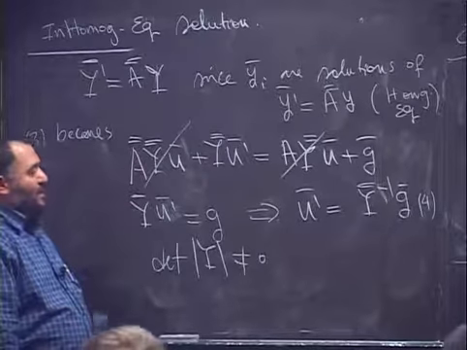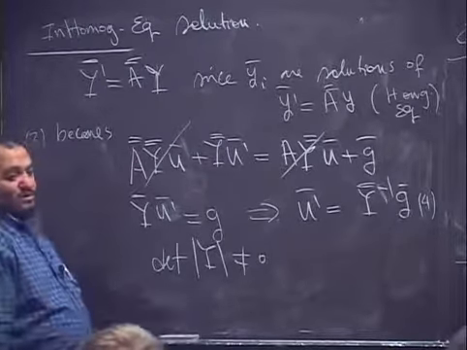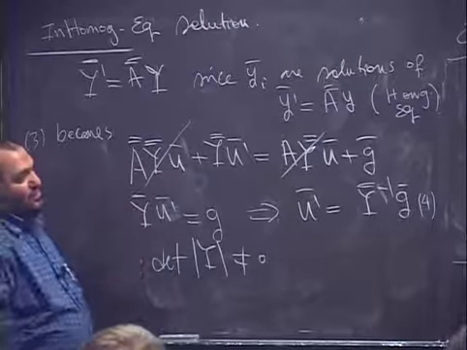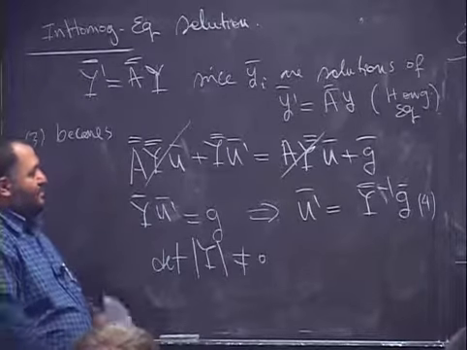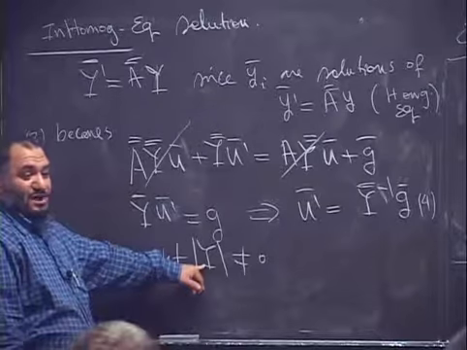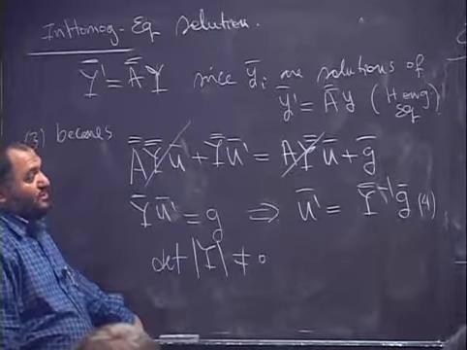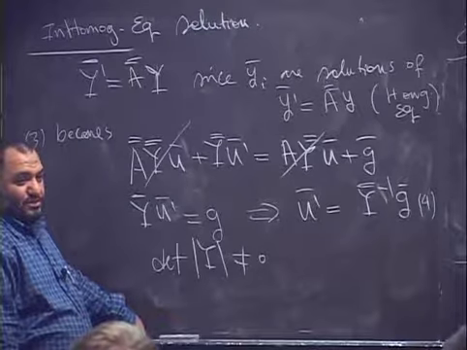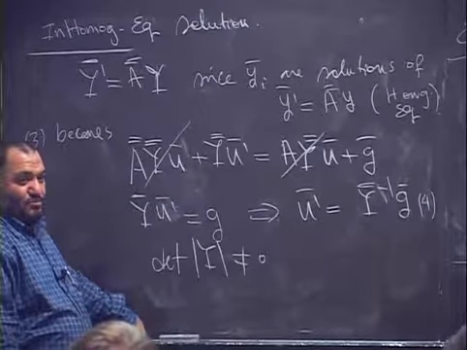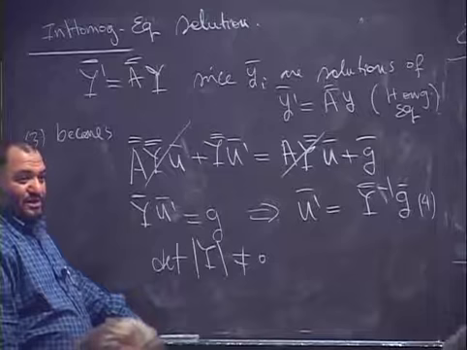Indeed, the determinant does not equal 0. Why? Look at the equation over there. What are the components of this matrix Y? They are the solutions of the homogeneous equation, and the solutions of the homogeneous equation should be linearly independent.